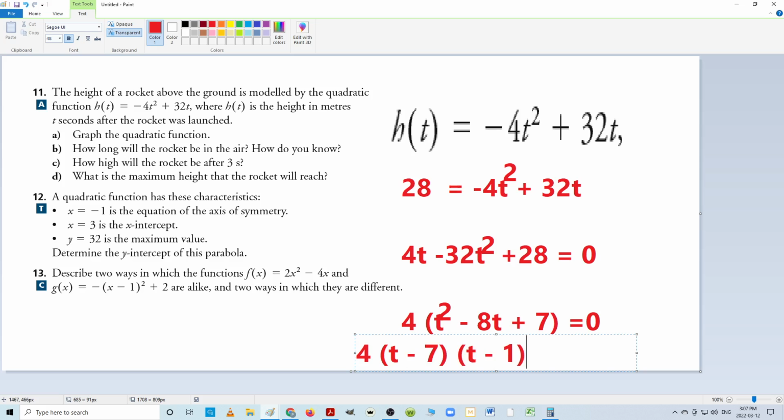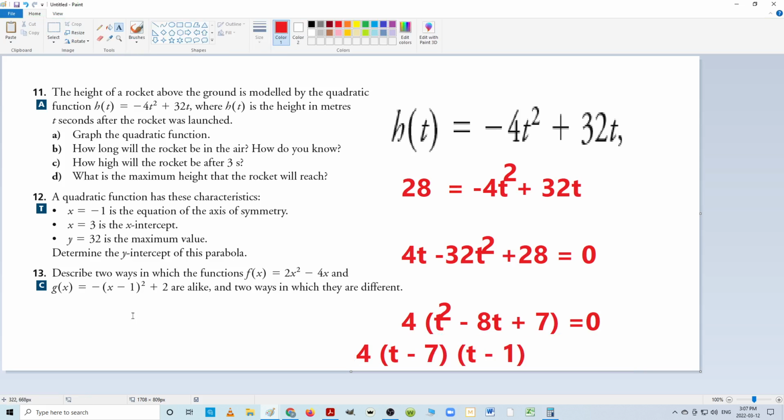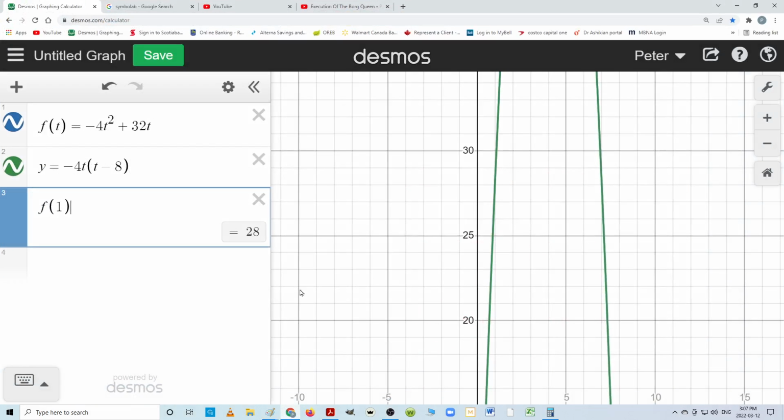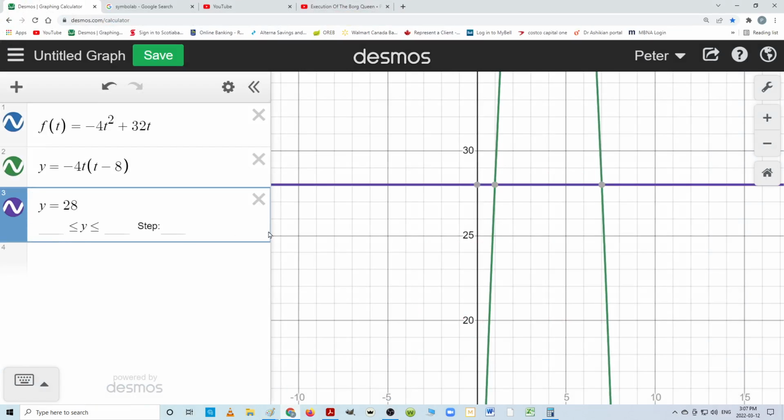This. So that means the rocket's going to reach a height of 28 meters at time 1 and time 7. So let's see if that's true. So I'm going to set y is equal to 28. And we discover it crosses on the way up, hits a height of 28, and on the way down at 7 seconds hits a height of 28.